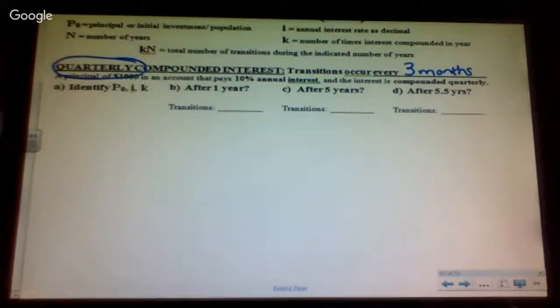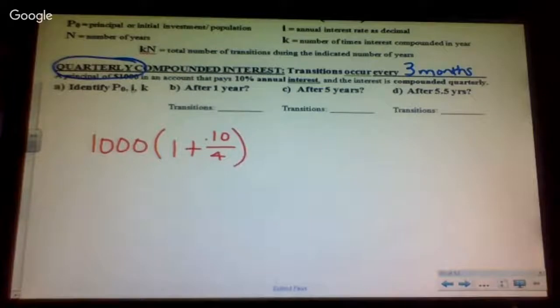A principal of $1,000 pays 10% annual interest, and the interest is compounded quarterly. So, what is my initial amount? 1,000. This is going to be 1 plus 0.10 divided by, if I'm doing it quarterly, my K value is a 4.